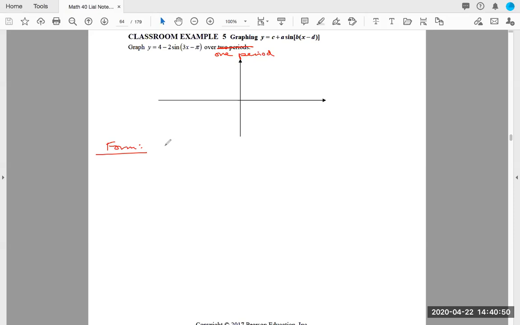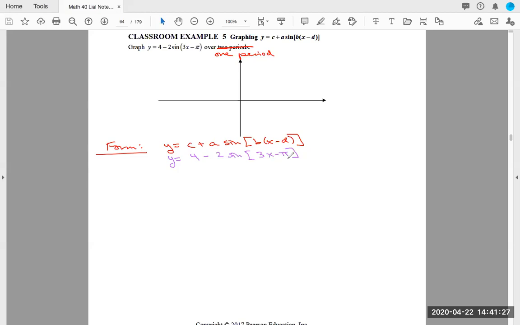Okay, so your form is C plus A times sine of B times (X minus D). So for this one, right under it, we can match with y equals 4 minus 2 sine of 3x minus pi.